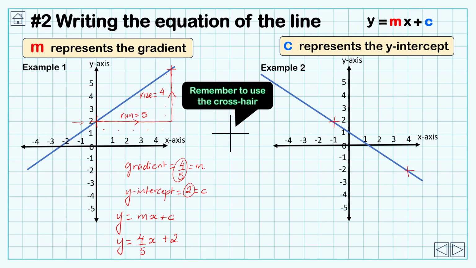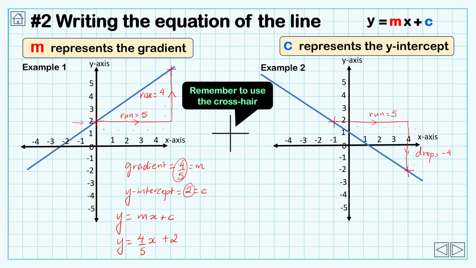So the run is horizontal, therefore run equals 1, 2, 3, 4, 5, and the drop goes down. So for the drop, don't forget, going down is negative. 1, 2, 3, 4, negative 4.